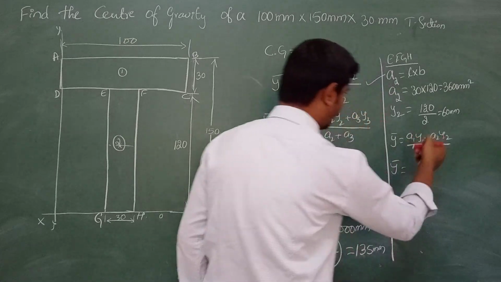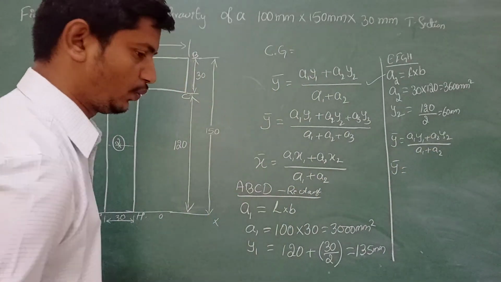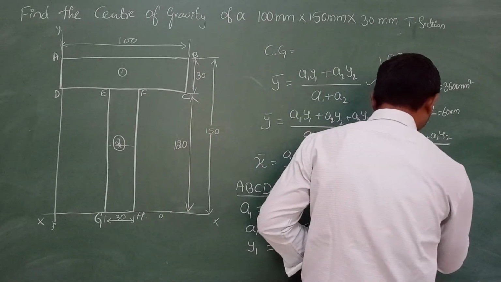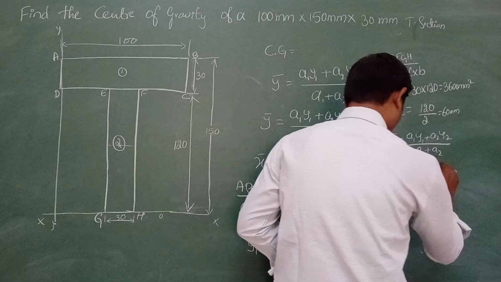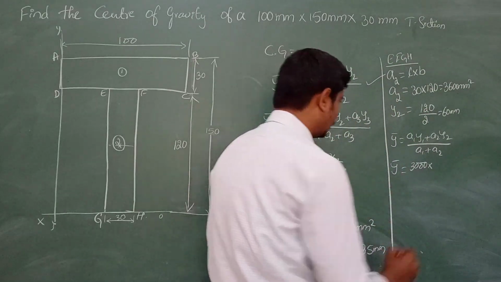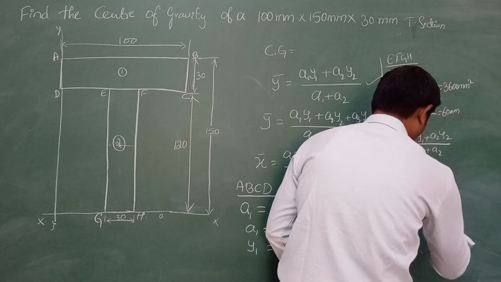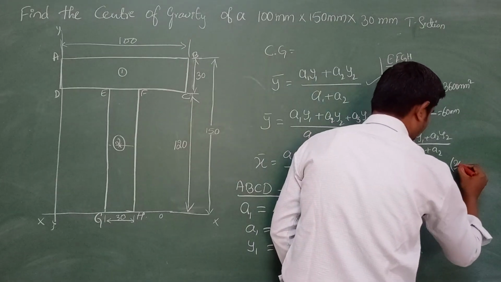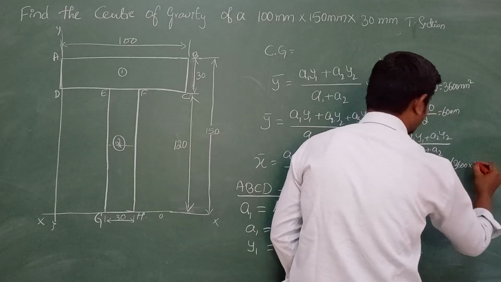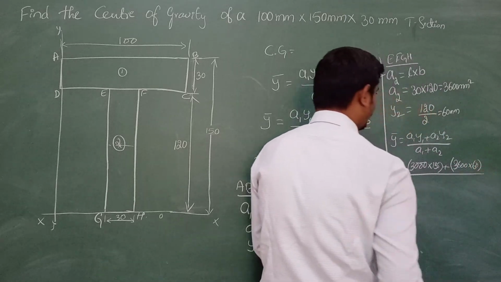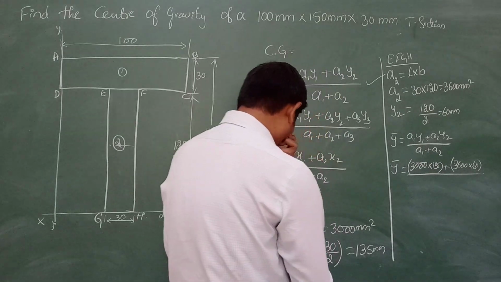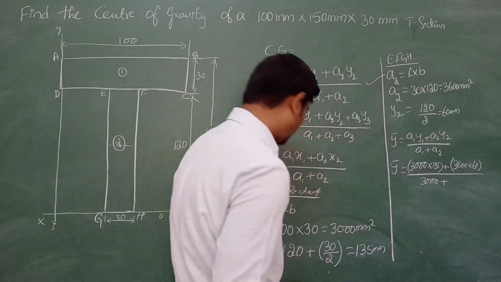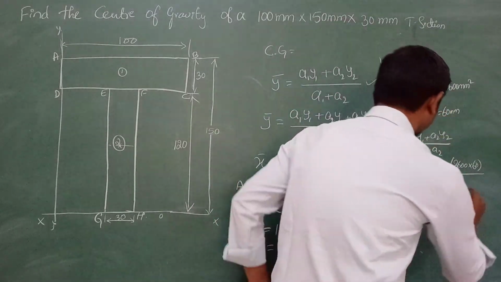Now substitute the values: A1 is 3000 into Y1 is 135 plus A2 is 3600 into Y2 is 60, divided by A1 plus A2, that is 3000 plus 3600.